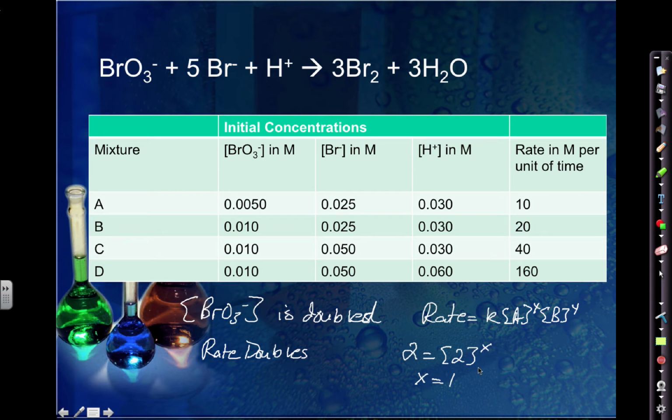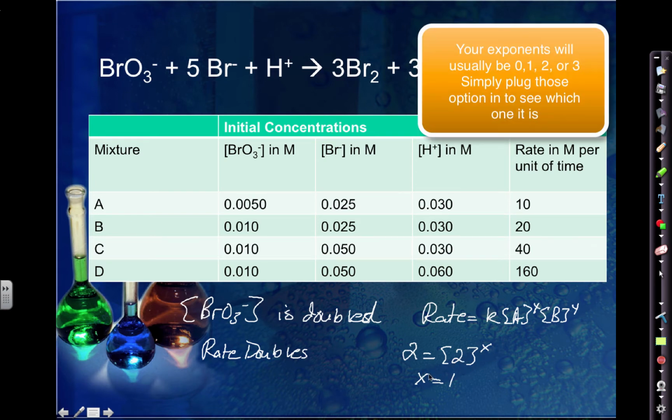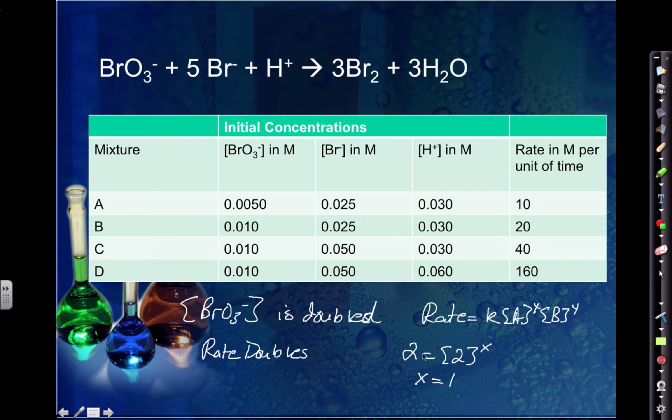So if you know that, you can simply plug it in and figure out what the power should be. Since it's the same, it has to be 1. That means that BrO3 is a first order reaction, so BrO3 has to be taken to the power of 1.